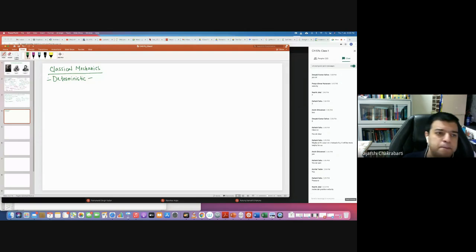Now in classical mechanics, to begin with, I can write down force is equal to mass times acceleration. This is fine with you, I guess. This is Newton's description, Newtonian mechanics. Go Newton.